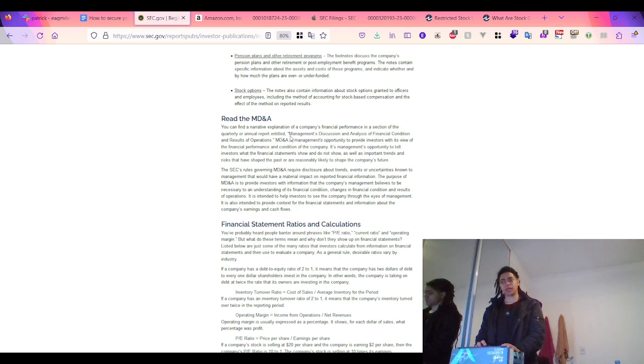It also describes important trends and risks that have shaped the past or are reasonably likely to shape the company's future. This section is intended to help investors see the company through the eyes of management.